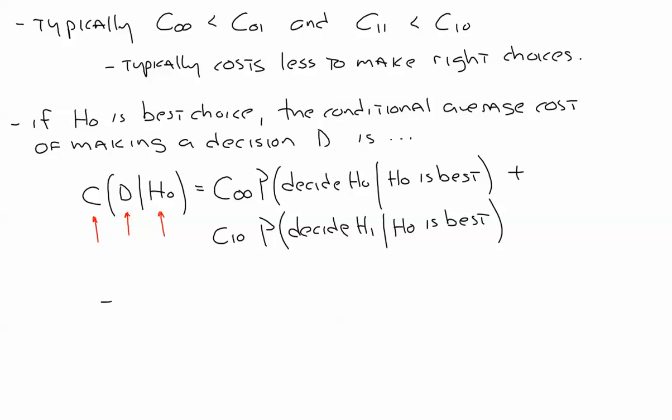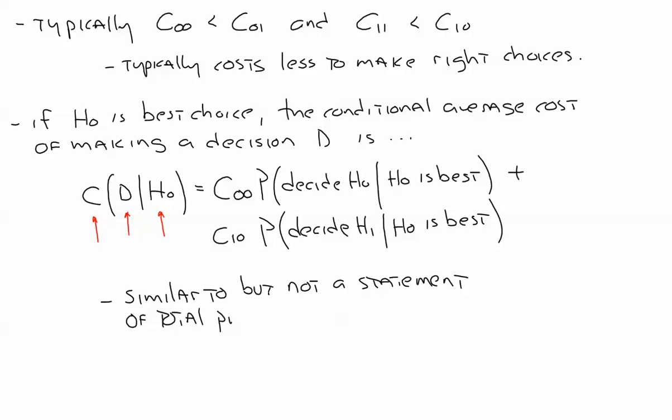It is similar to, but it is not a statement of total probability, because C sub 0,0 and C sub 1,0 are costs and not probabilities themselves.